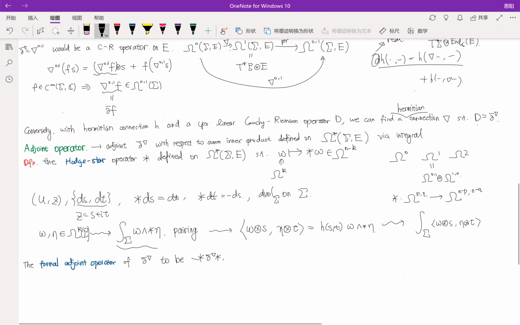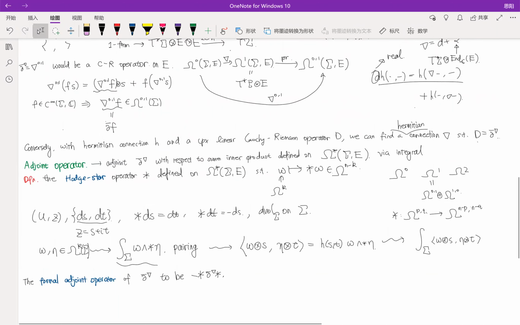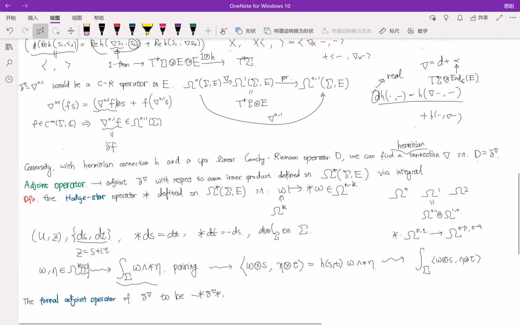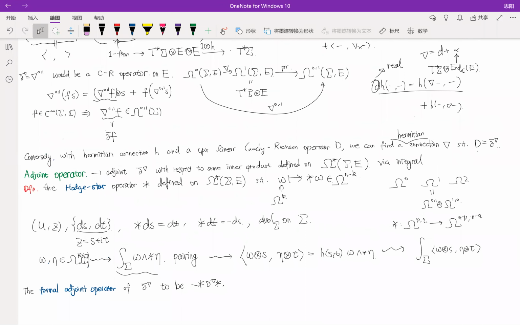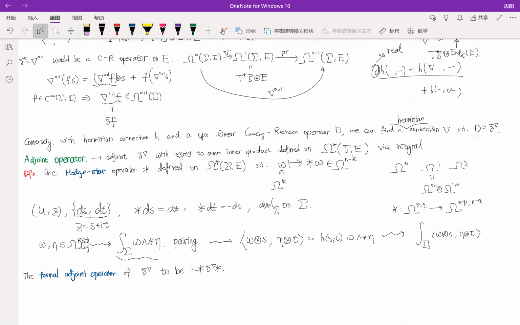I'm quite confused. You say the volume form on sigma, is that ds wedge dt? Yes, ds wedge dt. But the transition function between two holomorphic coordinates is a conformal transform, right?